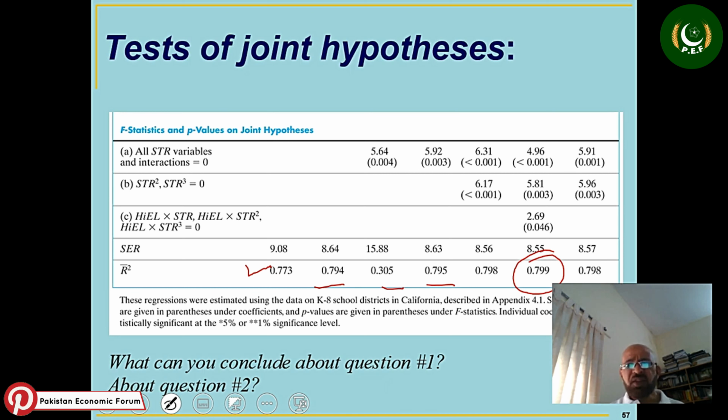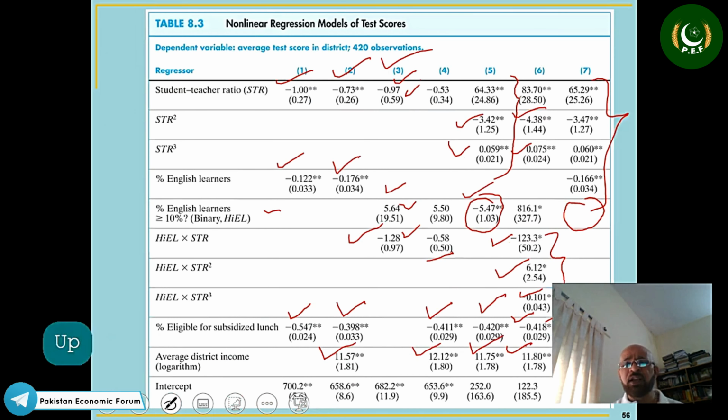So from this, what was our question 1? Whether, holding the percentage of English learners fixed, what is the impact of student-teacher ratio on test score?